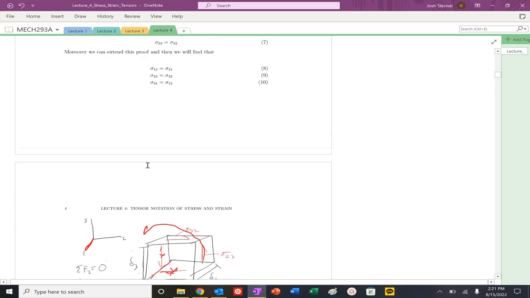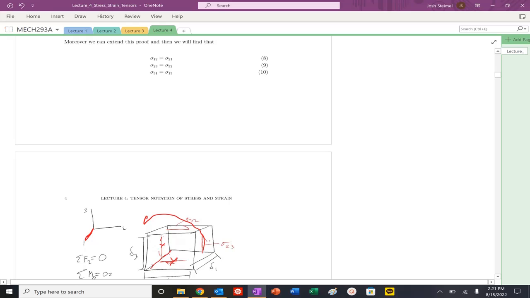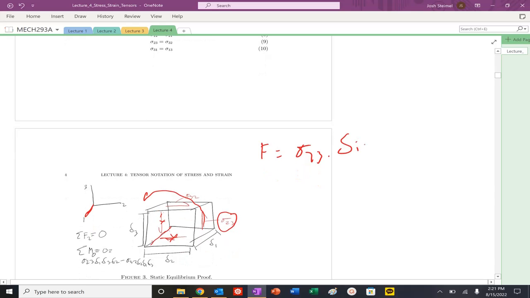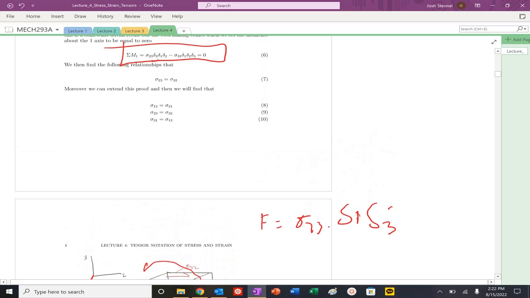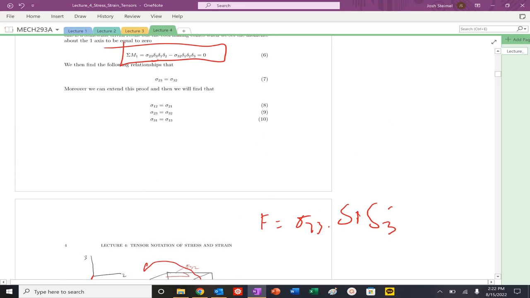So sigma 2,3 times, again, force times a distance. My force is going to be equal to sigma 2,3 times the area, delta 1 times delta 3. And the distance from my 1 axis is going to be delta 2. So that's positive.